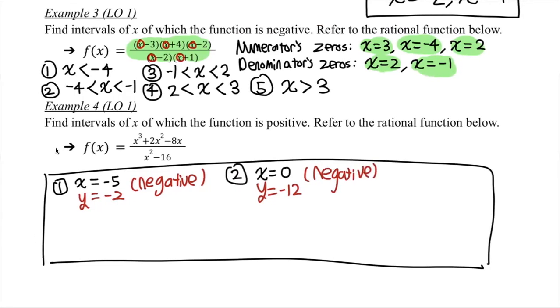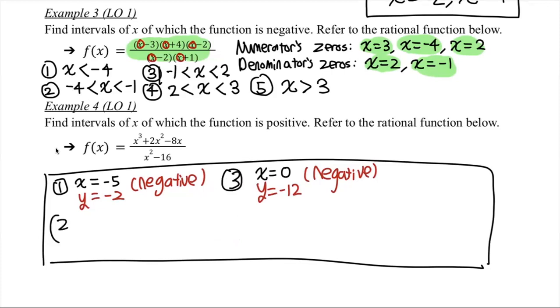Sorry, my bad. That should be our third interval, because x equals 0 is not in the second inequality. It's in the third interval inequality.